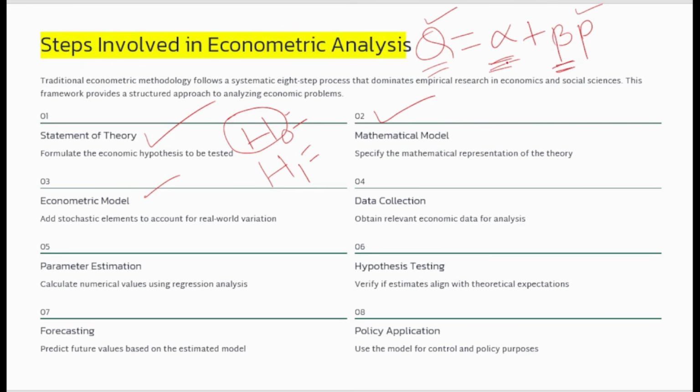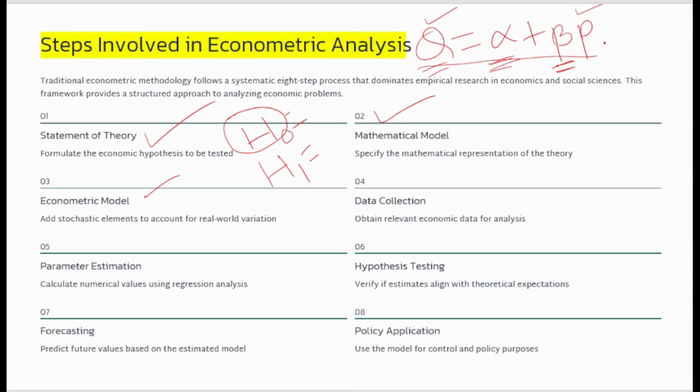The mathematical relationship assumes that if the price increases, the quantity demand will be affected by a certain amount, and we assume that price is the only determining factor for the quantity demand.